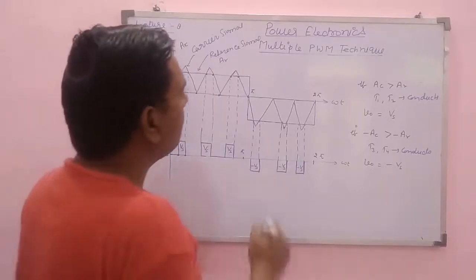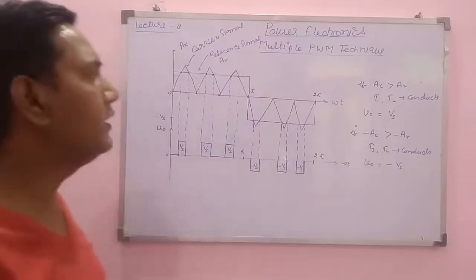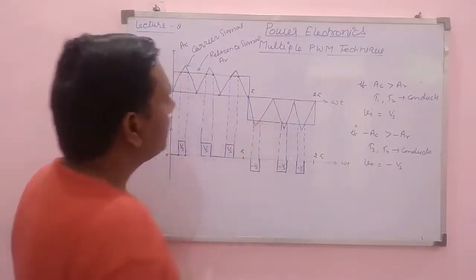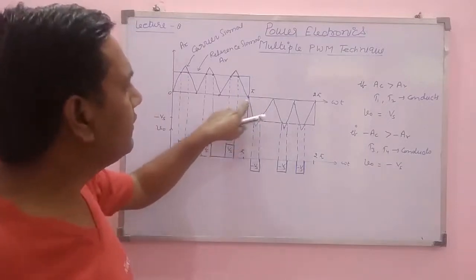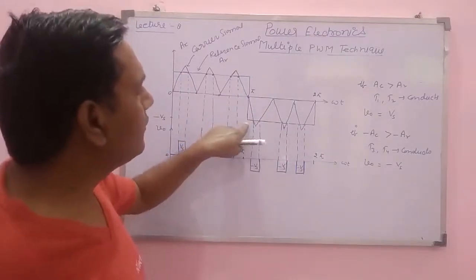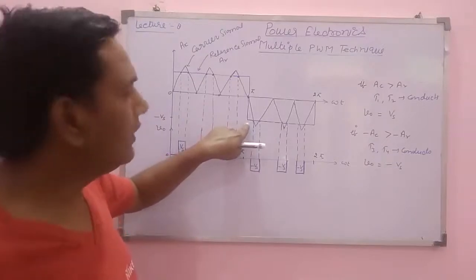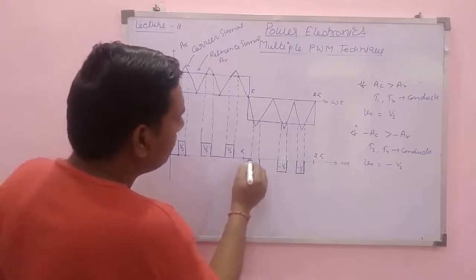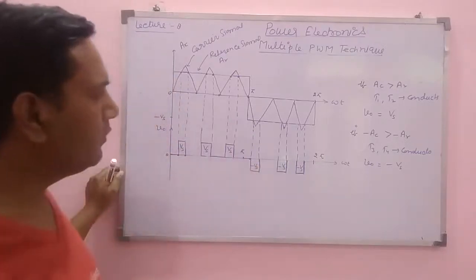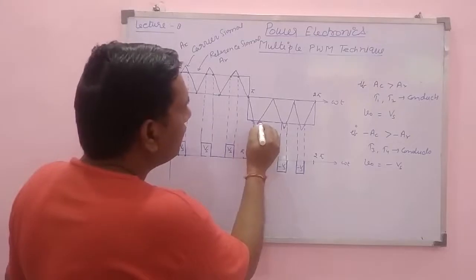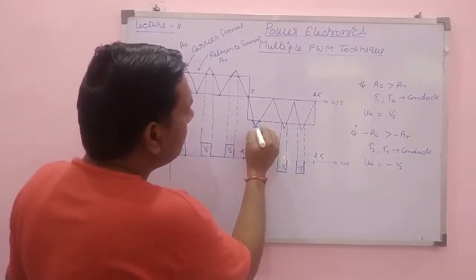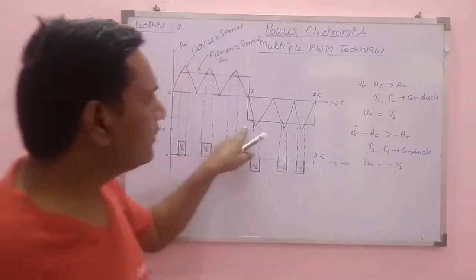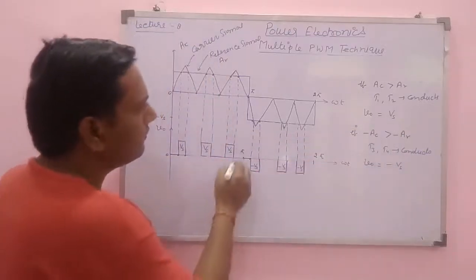Similarly, from pi to 2 pi, in the next half cycle, from this point to this point the negative amplitude of the carrier signal is less than the negative amplitude of the reference signal, so up to here you will not get the output. But from this point to this point the negative amplitude of the carrier signal is greater than the negative amplitude of the reference signal.